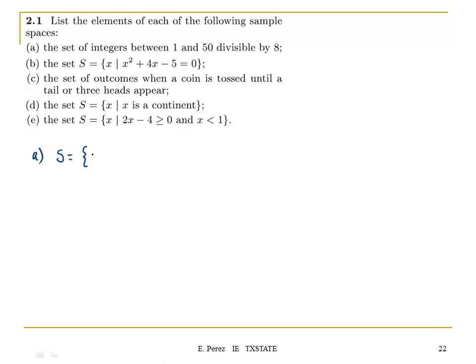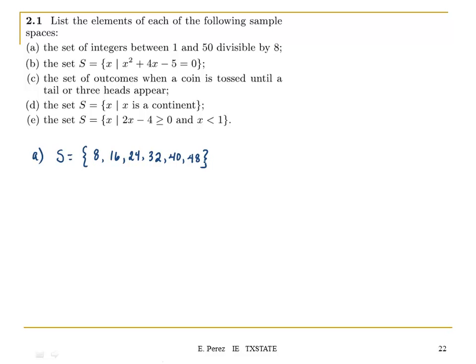So we start with 8, 16, 24, 32, 40, and 48. Those are the only numbers from 1 to 50 that are divisible by 8.